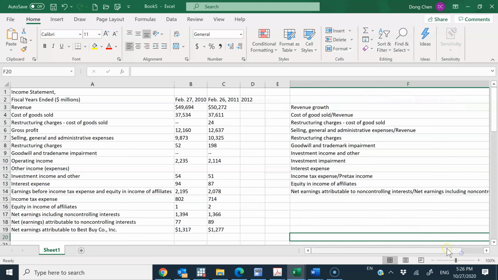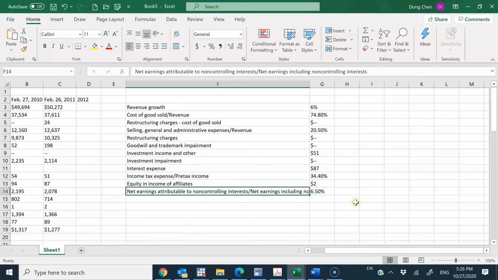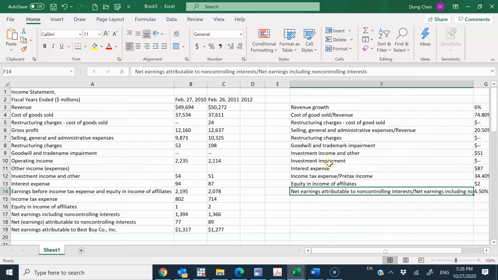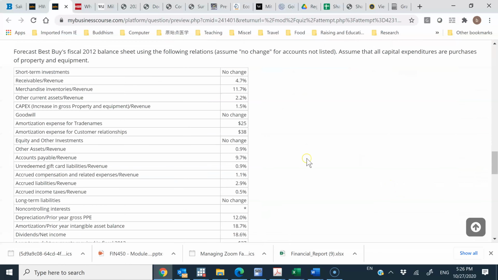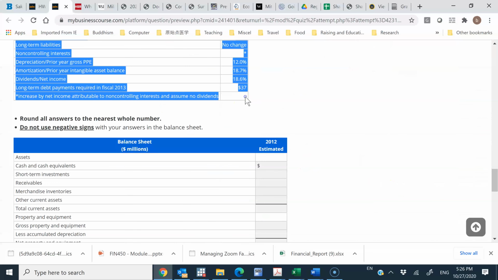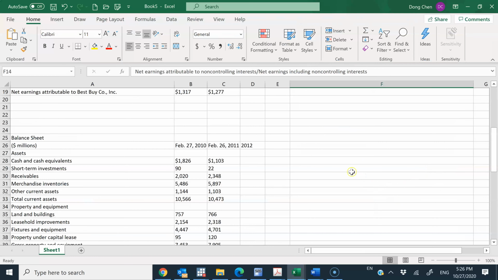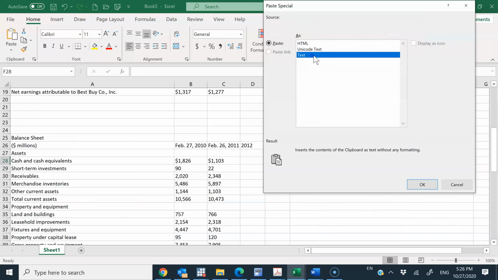Sometimes the words are long, so I can adjust the length for each column. And likewise, I can copy the assumptions which we can use to do the balance sheet forecasting, to the right of the balance sheet. Paste special.